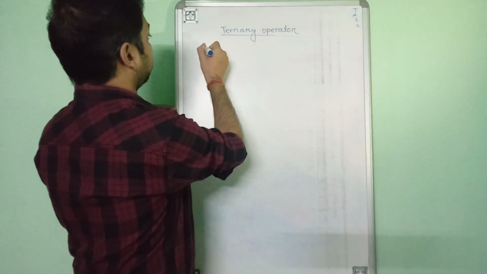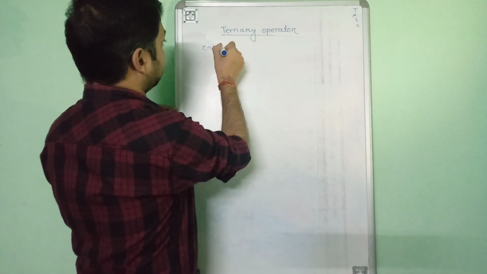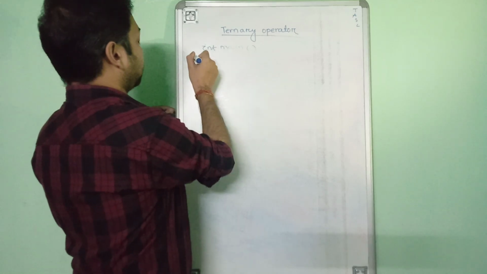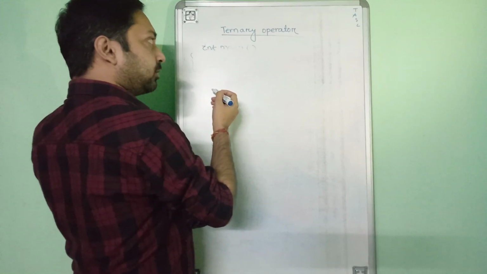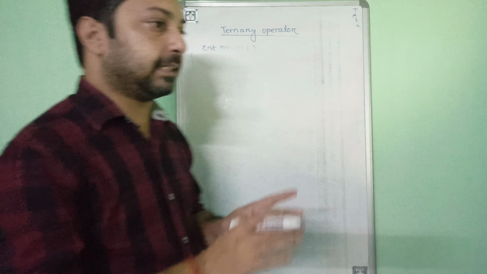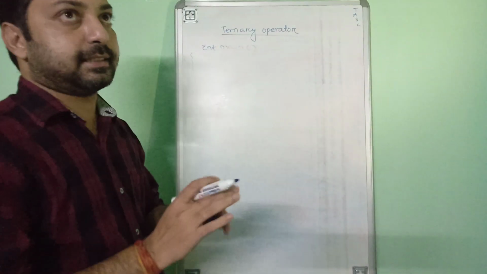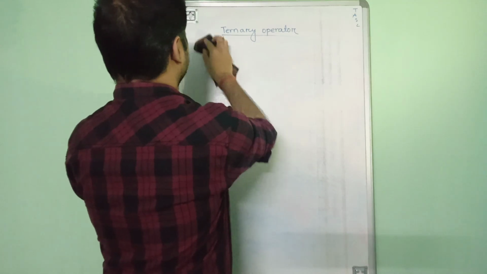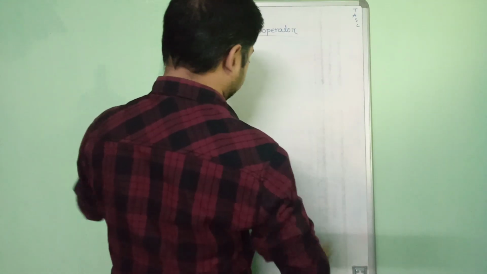So let me write here int main. In this case, we need to take a single example and we'll just try to change the condition so that we can understand it properly.